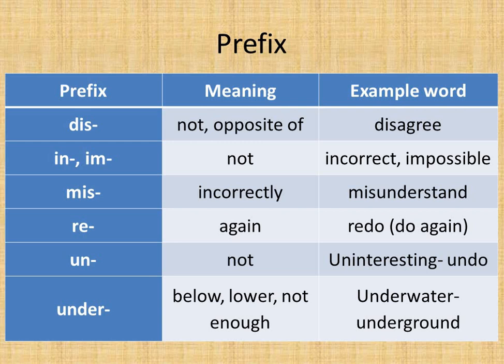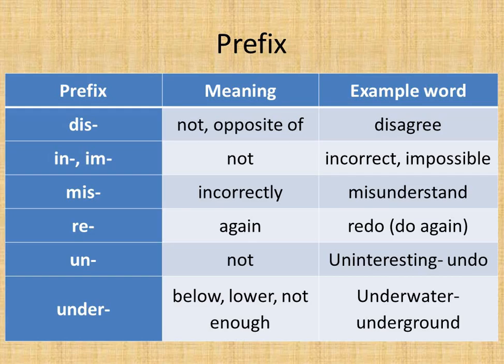Mis means incorrectly, and we add it at the beginning of some words like misunderstand, misbehave. Okay, and re means again. So redo, rearrange, all these mean again: do again, arrange again, and so on.